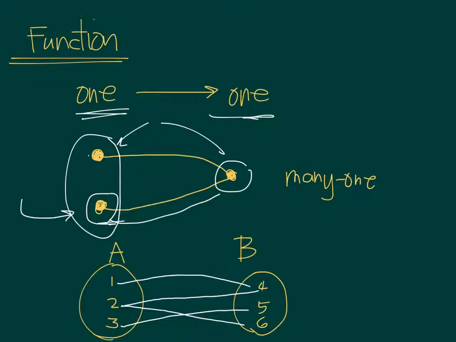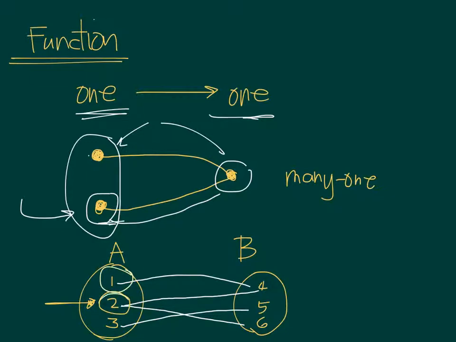Now I want you to focus your attention on the element 2. Although 1 follows the condition, going to a single value 4, and 3 goes to a single value 5, take a look at 2.